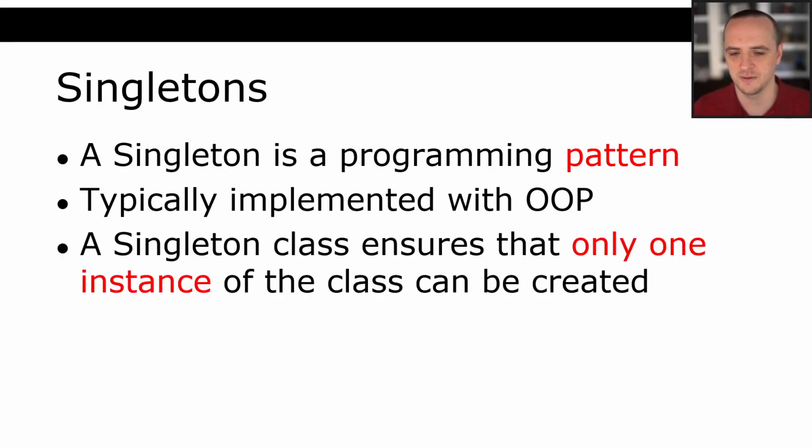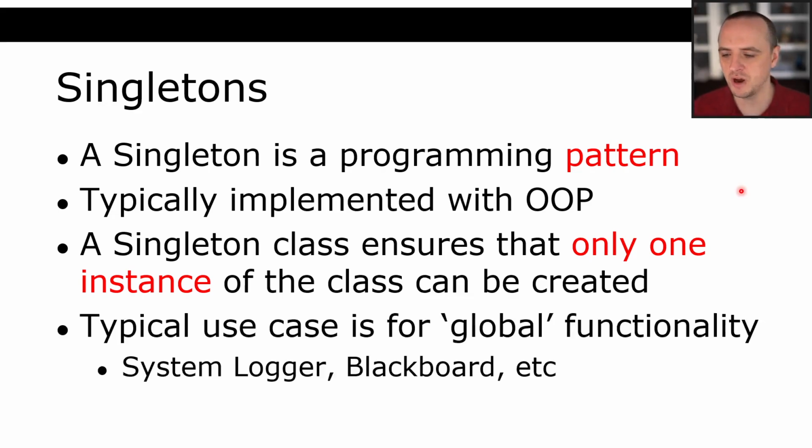And there is a specific pattern of implementing that object. And the whole point of a singleton is that a singleton class ensures that only one instance of that class can be created.